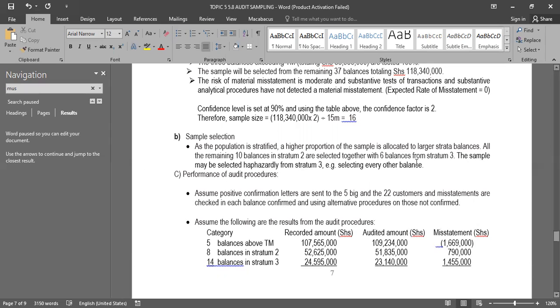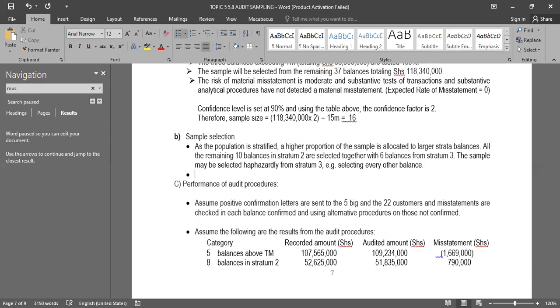Okay, now on performing the audit procedures, what do we do? You remember that for receivables, if you want to really be sure of their balances, the best way is to do confirmations, what we call external confirmations. Here they're saying that you assume positive confirmation letters are sent to the 5 big, this was actually not 5, but there were 3 only.